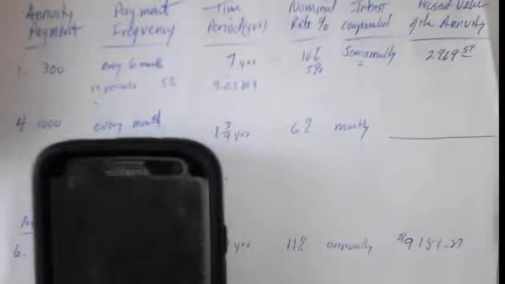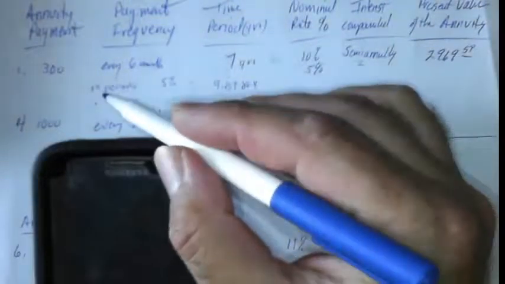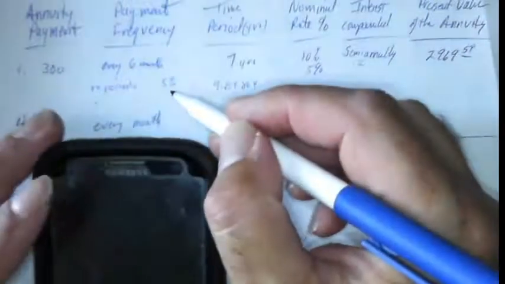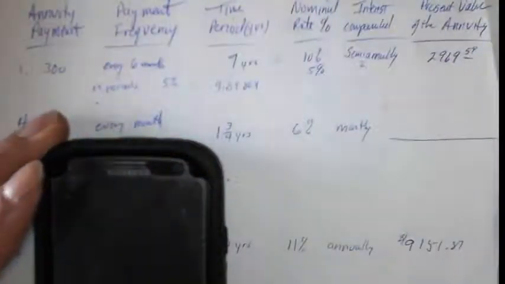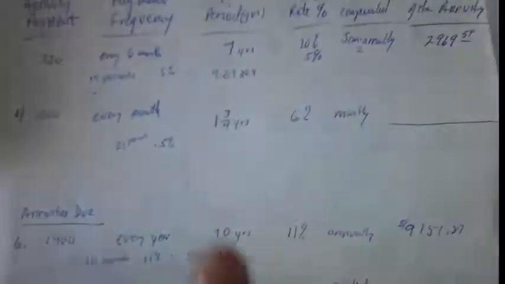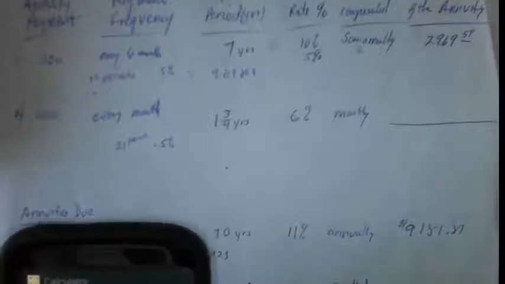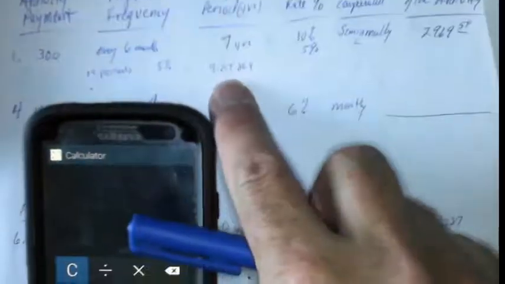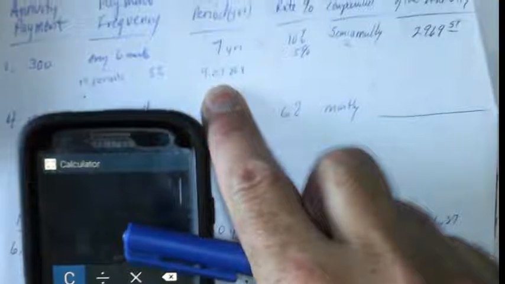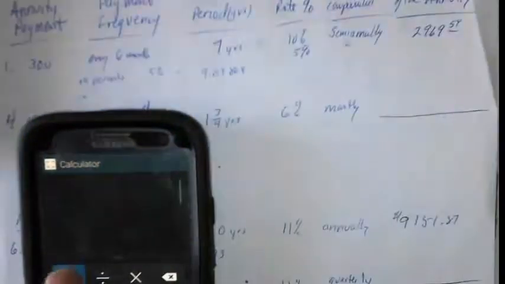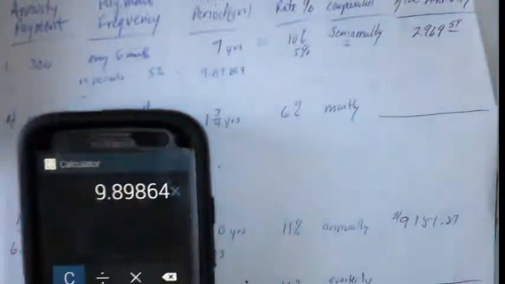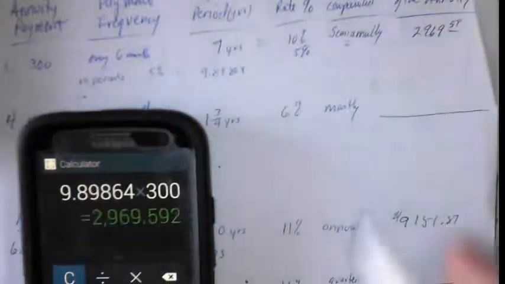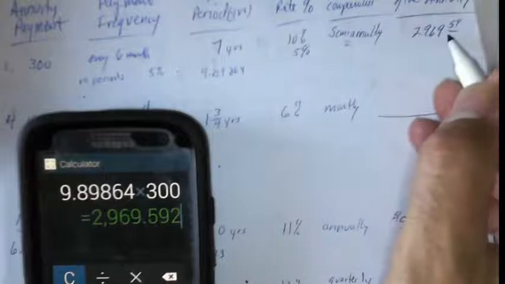If we look at 2 times a year for 7 years, we have 14 periods. 5% is the column we're looking at, and in our table, Table 12.2 this time, we get a value of 9.89864. So on our calculator we take 9.89864 times our amount, and we get the present value of the annuity.